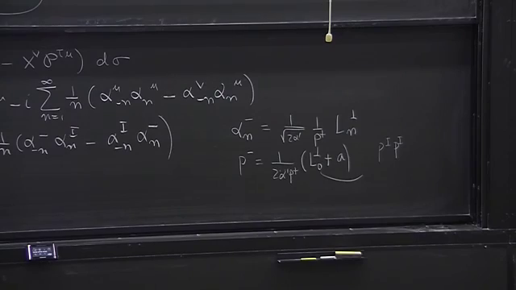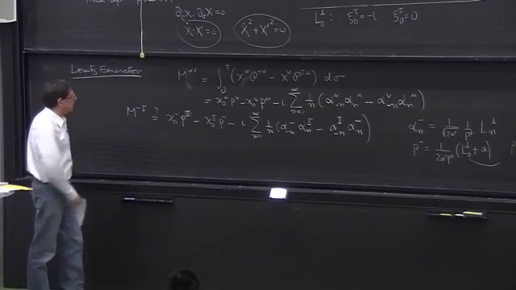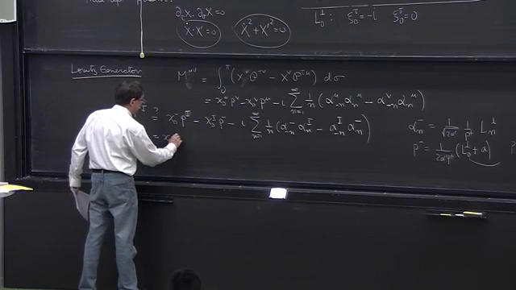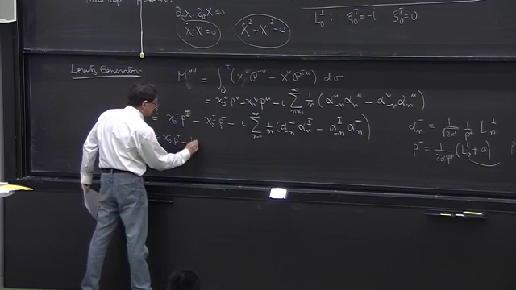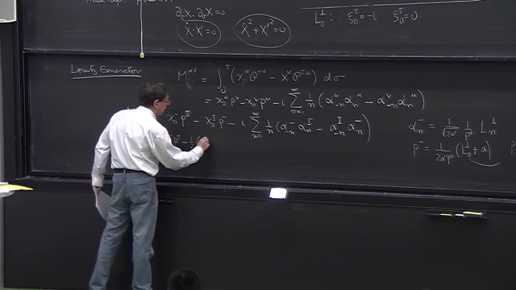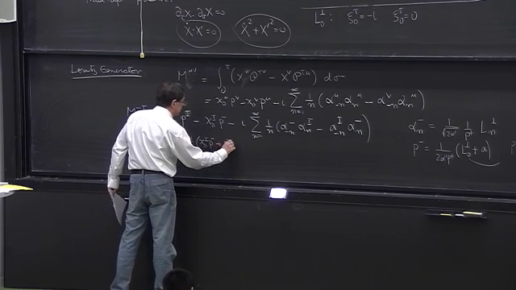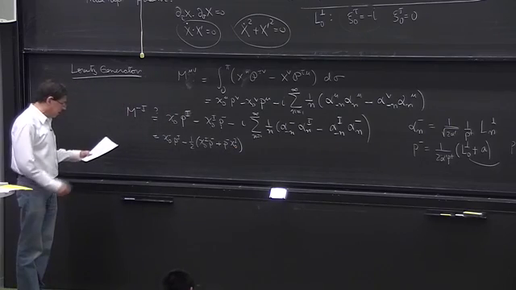So x0^I doesn't commute with it, and you have to do a little improvement here. We saw that in the case of the particle. You put minus 1/2 of (x0^I p^− + p^− x0^I). You make it Hermitian by hand.